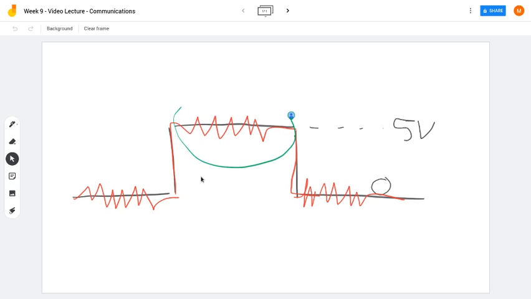And here, if it's not actually 0, it might be negative 0.5 or positive 1 volts or so. You still can say this is originally a 0.